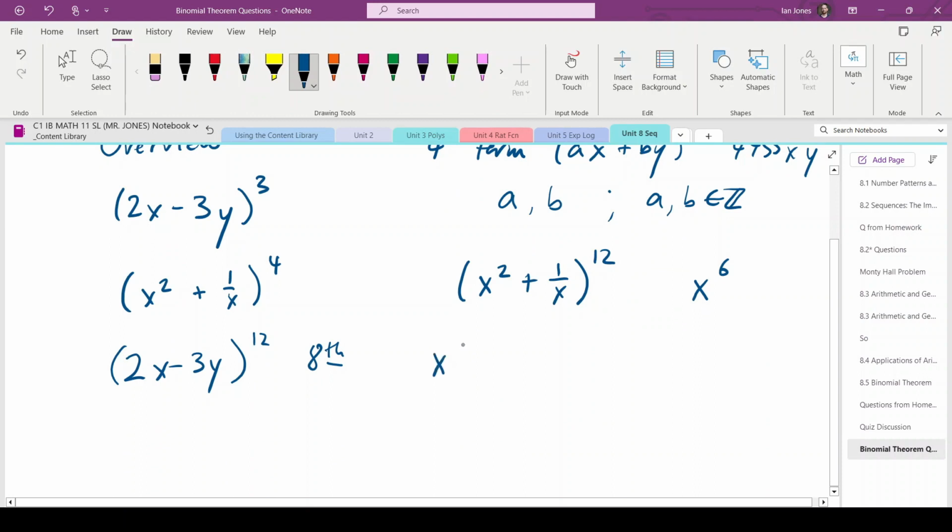Then I'll do a question where we have x to the 4th times x cubed over 2 plus k over x to the 4th, to the exponent of 8, which is going to give us a constant term of, what is it here?